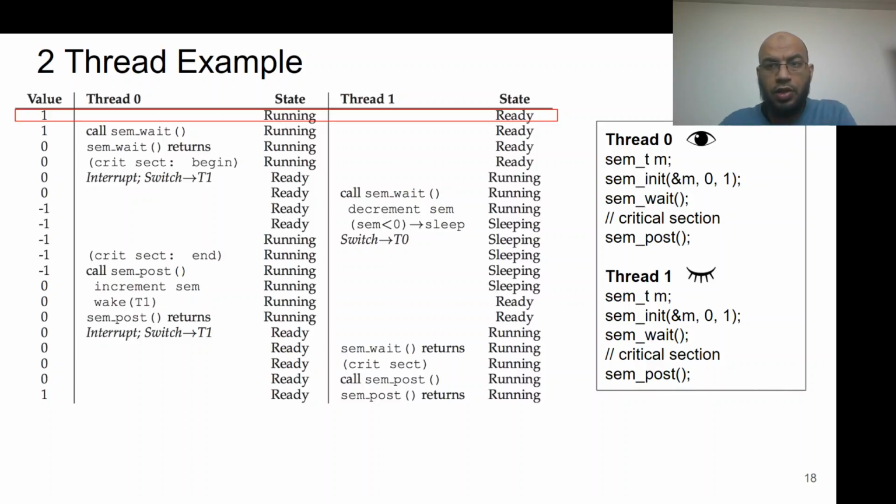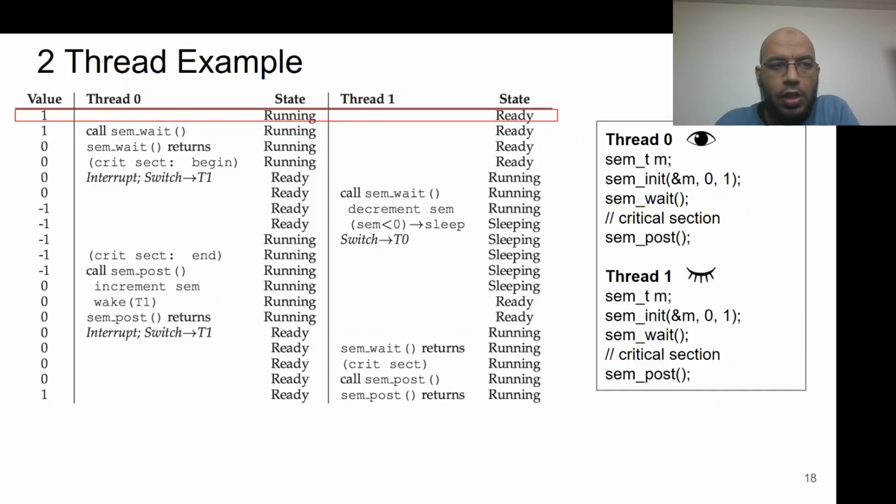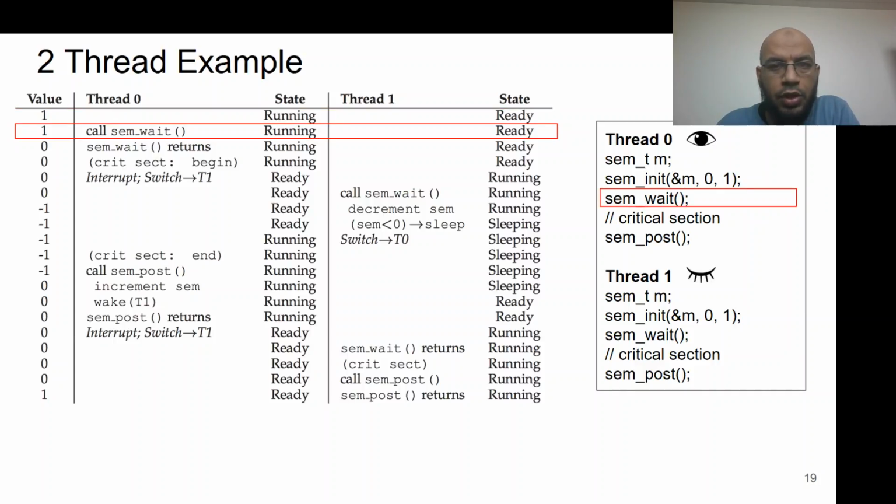you have initialized the semaphore, and this is thread 0, this is thread 1. Let's just assume that they are both initializing the semaphore in the beginning. So one of them is running, the other is ready. It calls semaphore wait. Actually, this code is misleading. Coming to rethinking about what I just said, the semaphore initialization has to be before the threads.